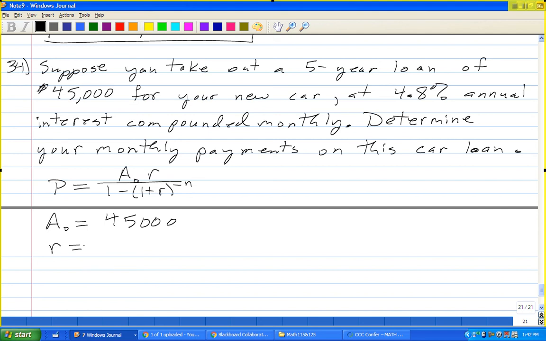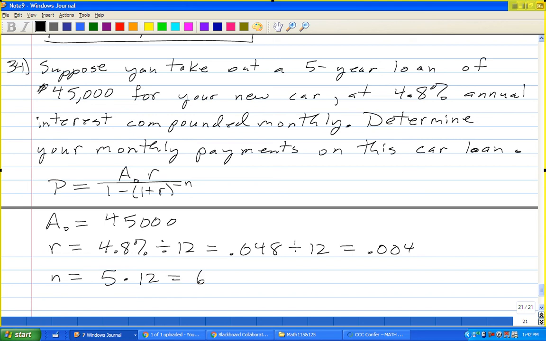R is 4.8% divided by 12, so 0.048 divided by 12 is 0.004. N is 5 years, and there are 12 months per year, so you have 60 payments.